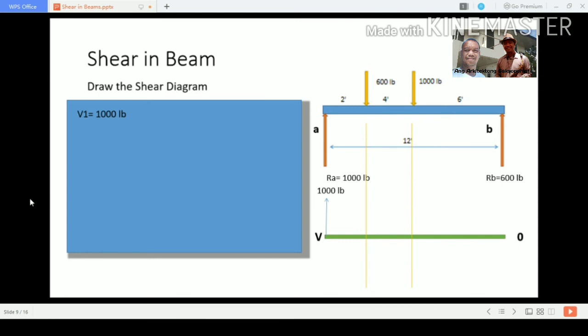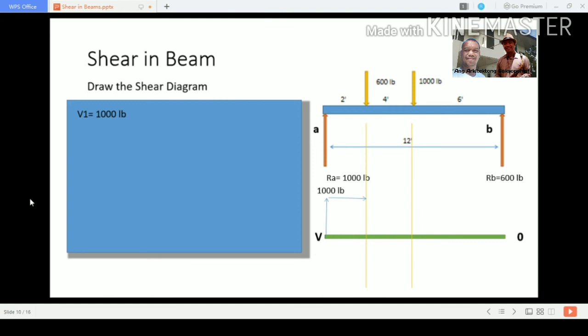Okay, so from A, 1,000 pounds going to 600 pounds. Since our loads are concentrated loads, our line going from 1,000 pounds to 600 pounds is a straight line since zero load siya.